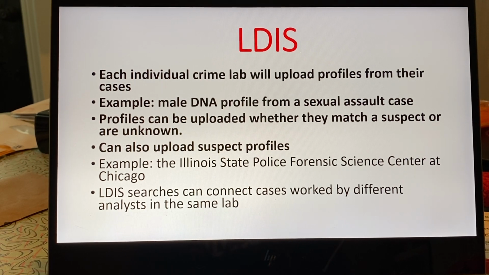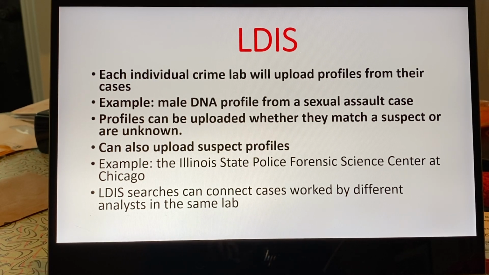Okay, so for example, the lab that I used to work at, which was the Illinois State Police Forensic Science Center at Chicago, all of the different analysts who were working their cases would upload their profiles into our LDIS system, and then a search would be done. And what this could tell us is, because that was a large lab, you have a lot of DNA people working, we don't have time to sit and chat about all of our cases.